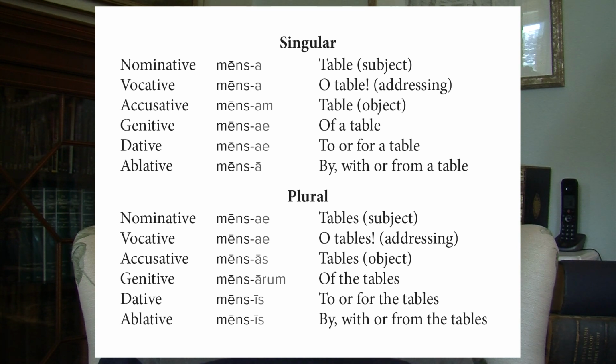And we've learnt that the nominative case is used for the subject and the accusative case is used for the object. Okay, so what we're going to be looking for when we look at a Latin sentence is not the order in which the words come, but the endings on the end of the nouns.